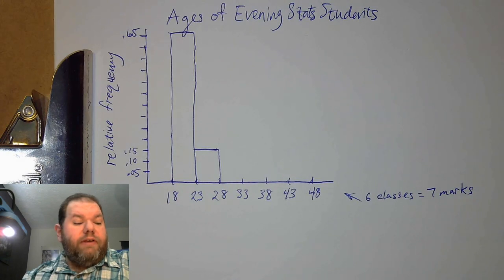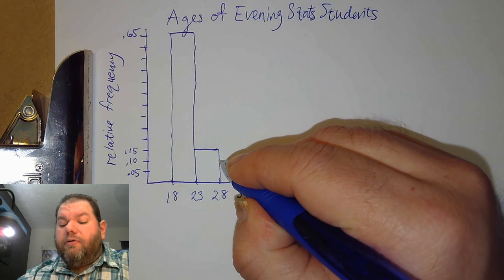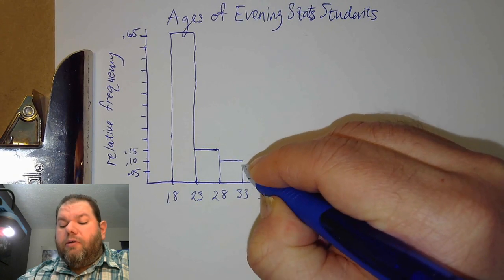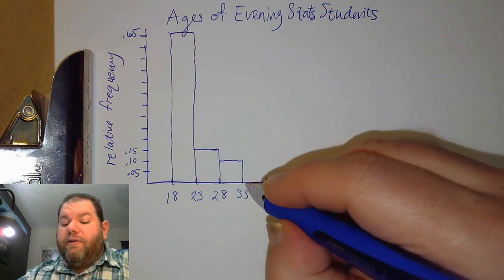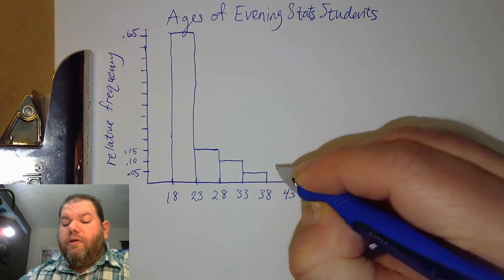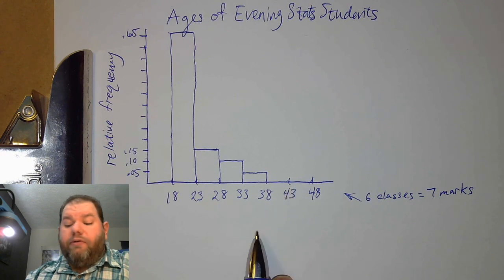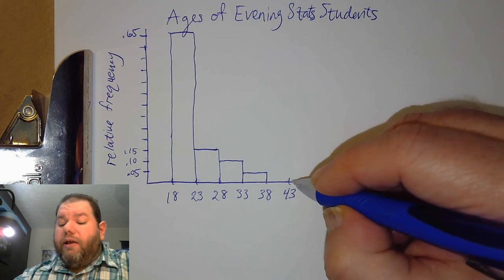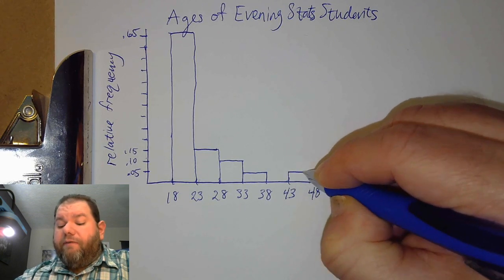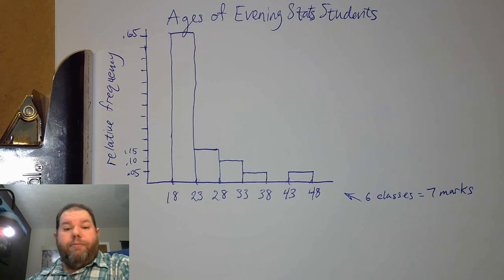After that, we have 10% between 28 and 32. Starting at 33, we have 5%. 0 from 38 to 42. And then our last group, starting at 43, has a relative frequency of 5%. And so that would be our histogram in this case.